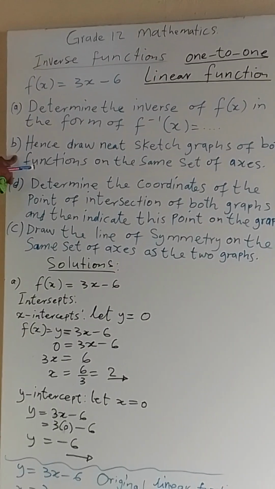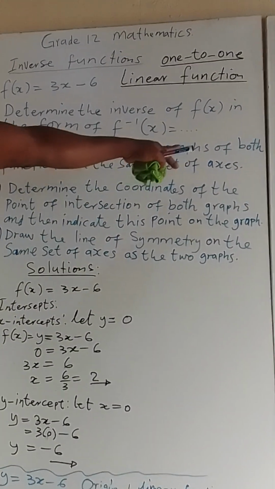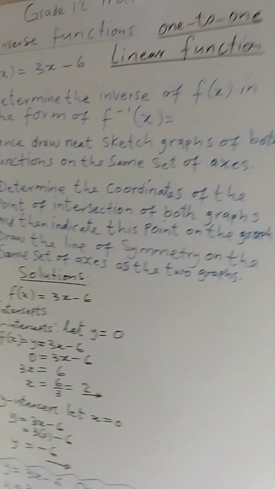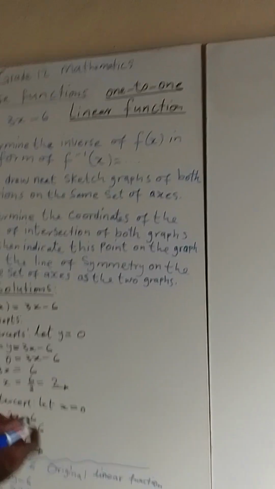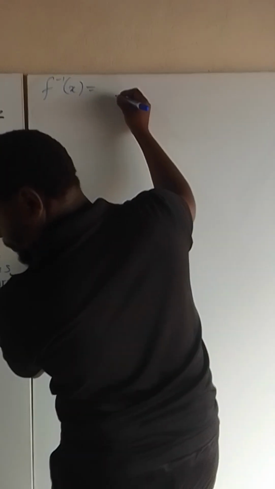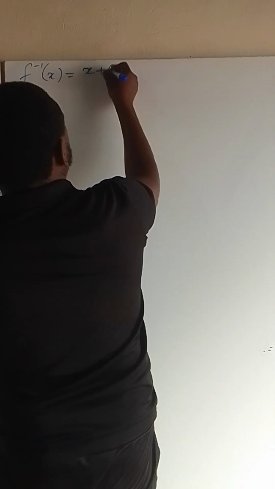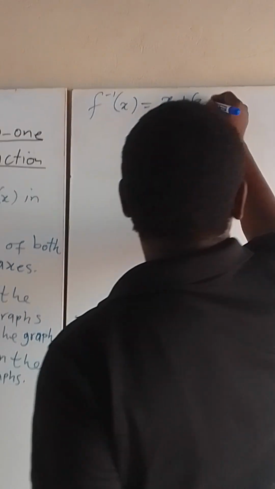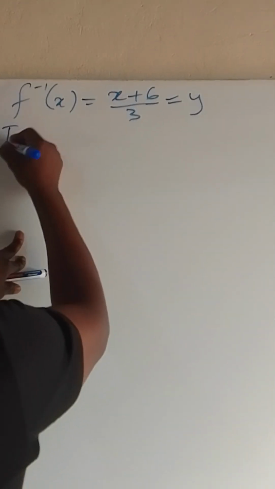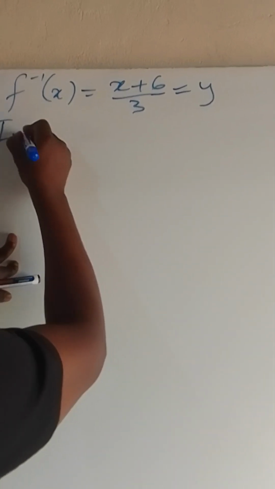Now we come and do b. Hence, draw neat sketch graphs of both functions. Both functions means the linear function and its inverse. Let's find the inverse first. The inverse is (x + 6)/3. We equate this to y for simplicity's sake. Then we are looking for the intercepts.